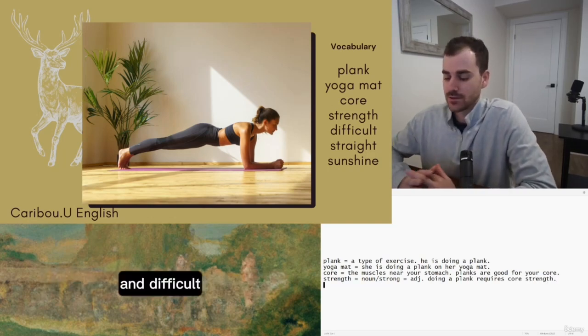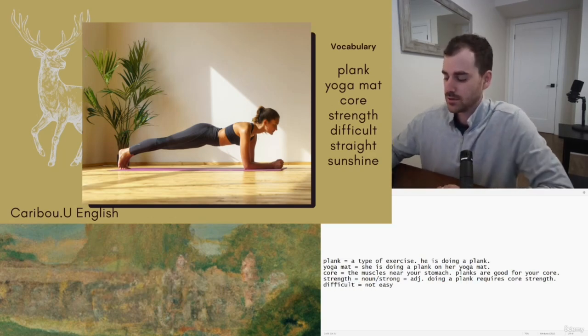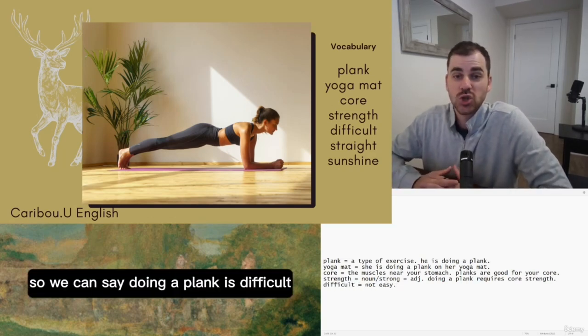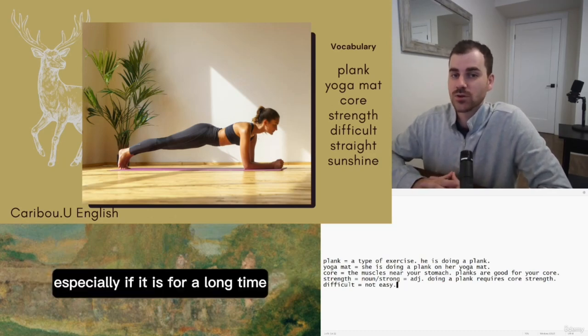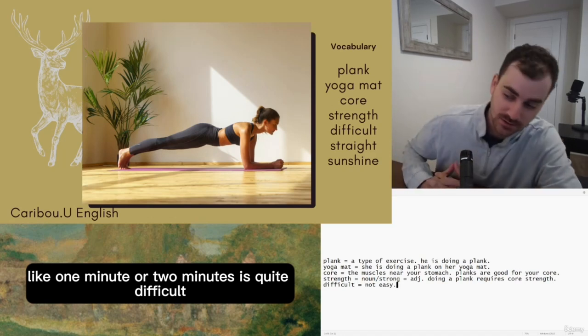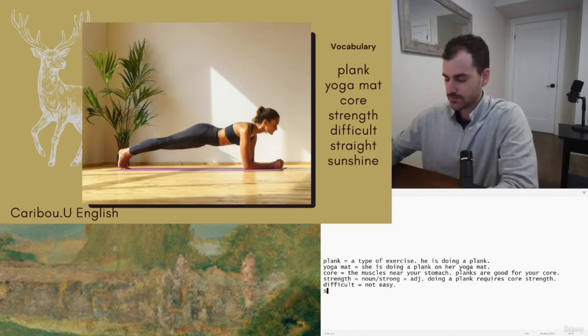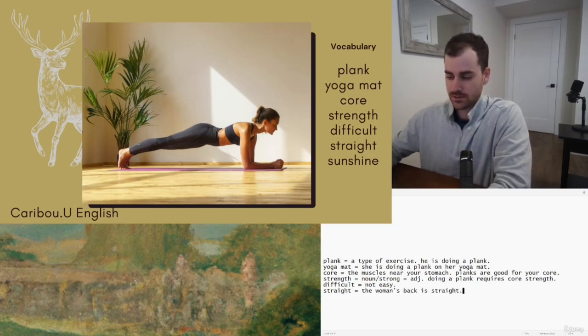And difficult. It means not easy. So we can say doing a plank is difficult, especially if it is for a long time, like 1 minute or 2 minutes. It is quite difficult. Straight. The woman's back is straight.